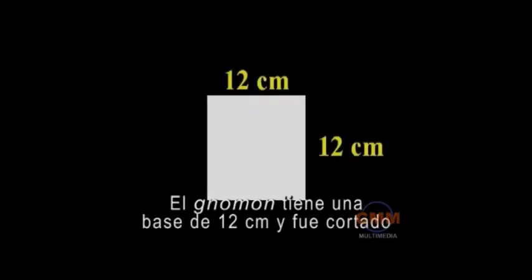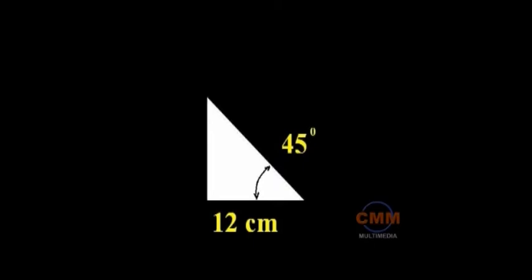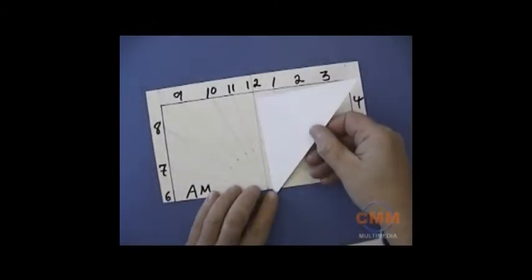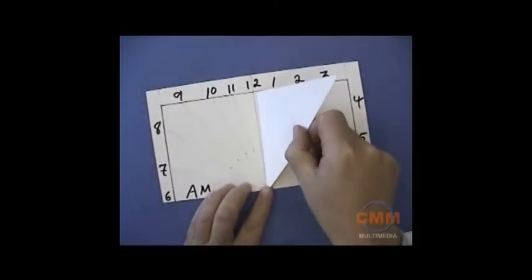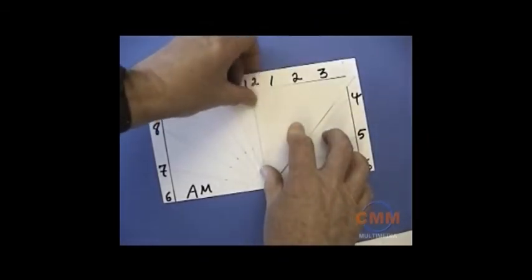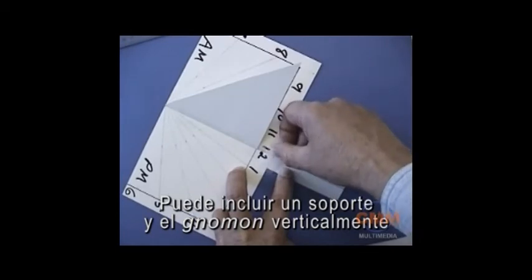The gnomon has a base of 12 centimeters and is cut at an angle of 45 degrees. A simple way to make this gnomon is to cut a 12 centimeter square along its diagonal. Tape the gnomon along the center line as shown. A small bracket can be created to hold the gnomon vertically.